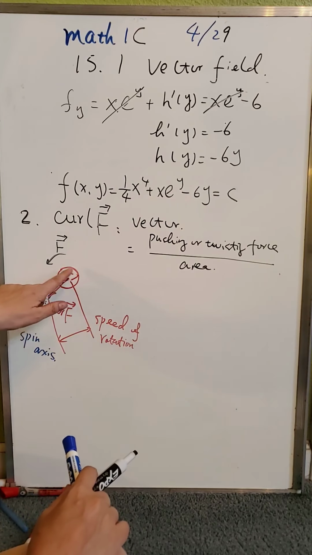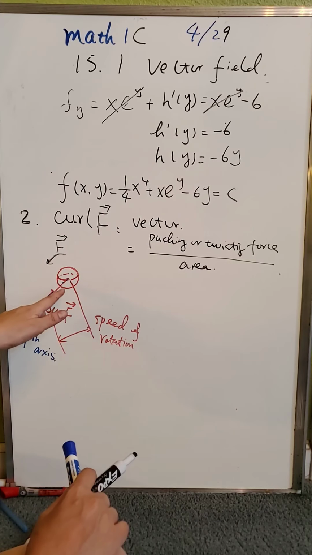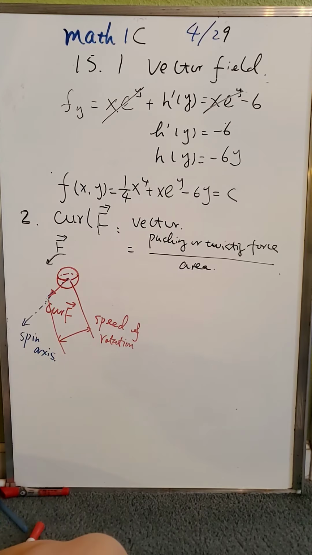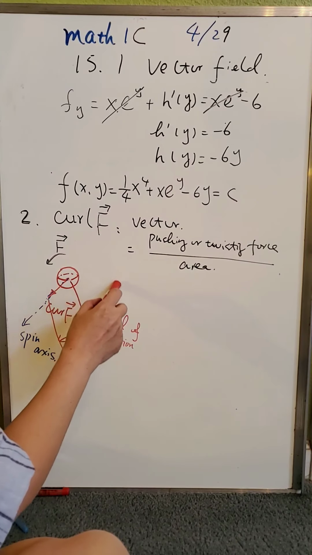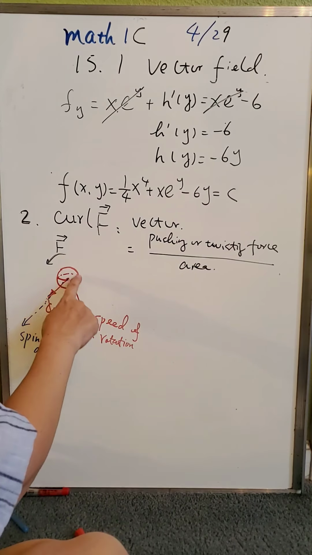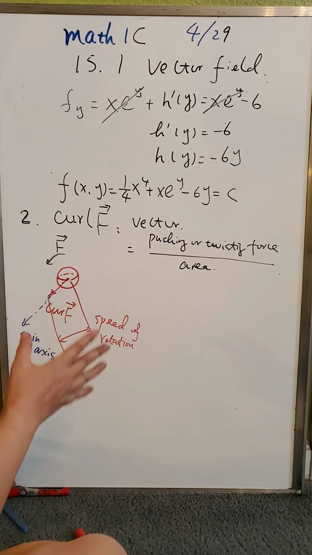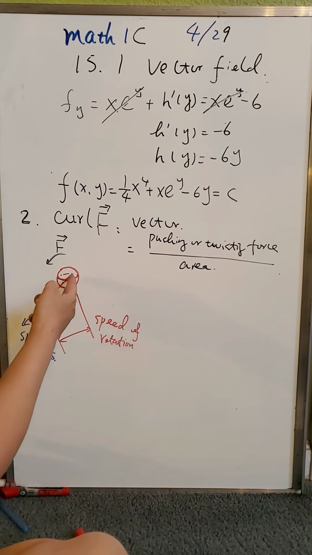What changes is the rotation, what direction it rotates, that will change. But the direction of the curl and the spin axis will never change. It stays the same. So if you move the ball to another place, right here, then the spin of the rotation of the sphere may change, but this will never change.